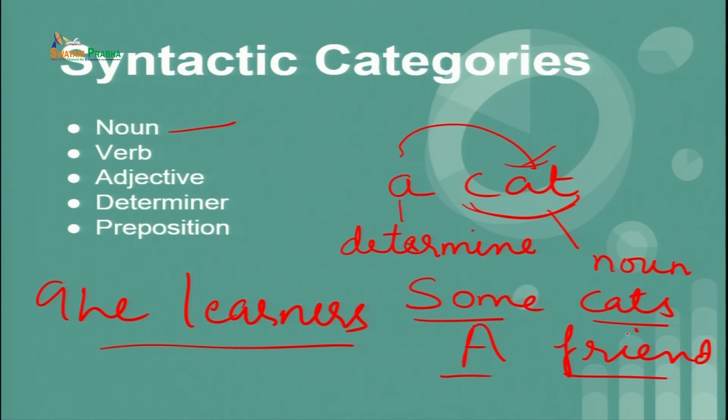Basically, you are putting the noun right after the determiner. So, if I have to put it in a frame, I will say that noun comes after the determiner and therefore constitutes a noun phrase.